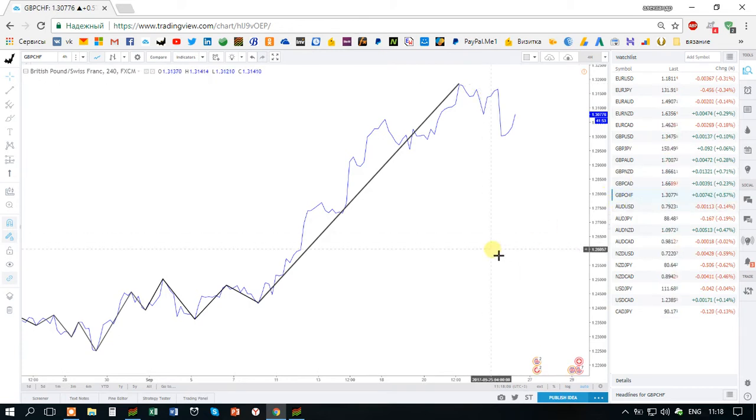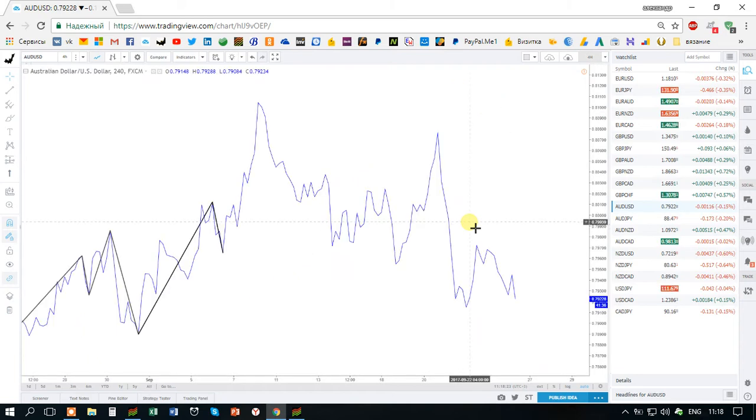By the way, CHF is almost the same as euro. When you have euro dollar and you have dollar CHF, they are mirror reflecting each other. The so-called negatively correlated. If euro is rising, dollar CHF is mostly falling.